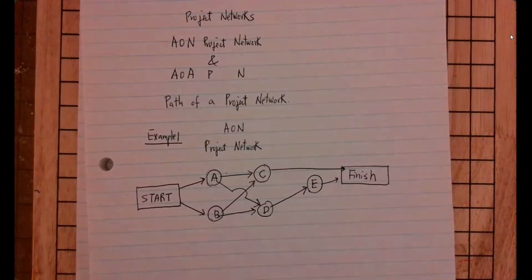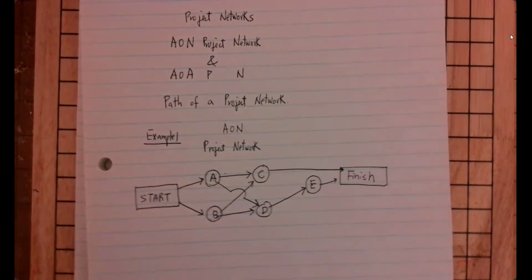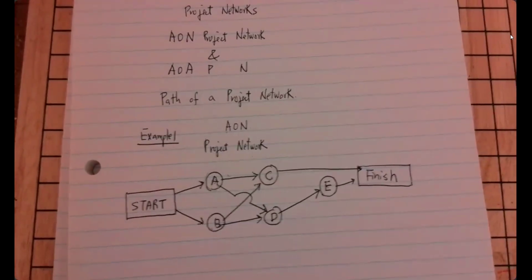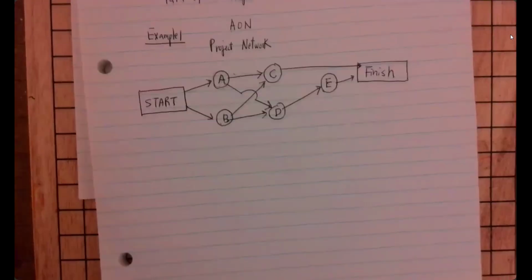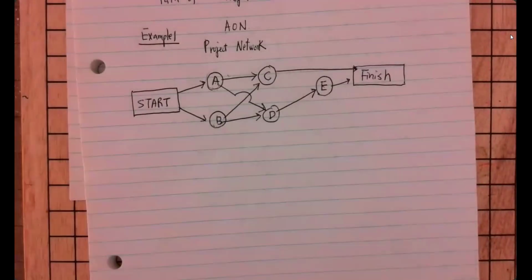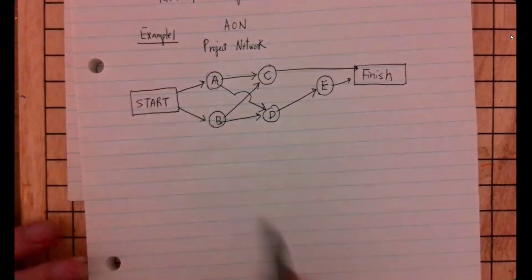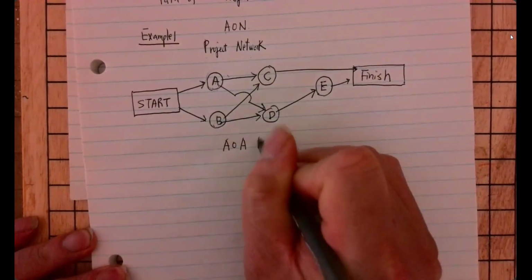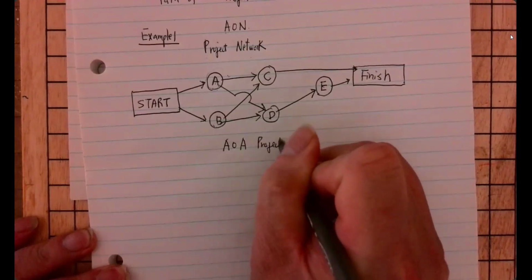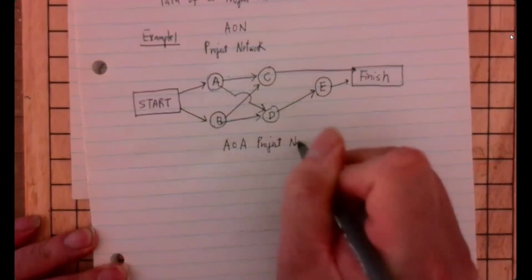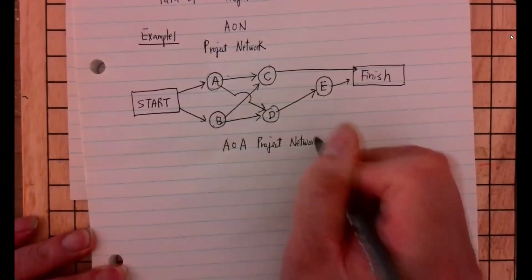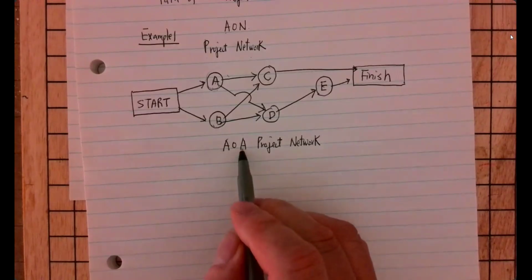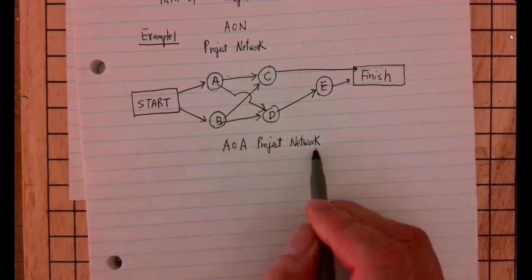Okay, after the AON, activity on node project network, now let's look at the next one. We call it the AOA project network. This is called activity on arc project network.